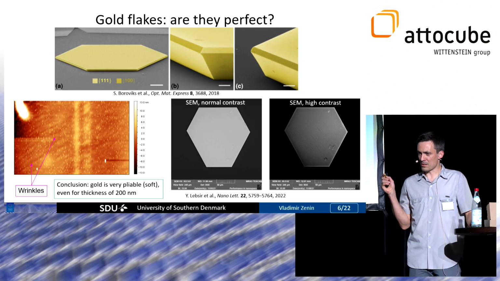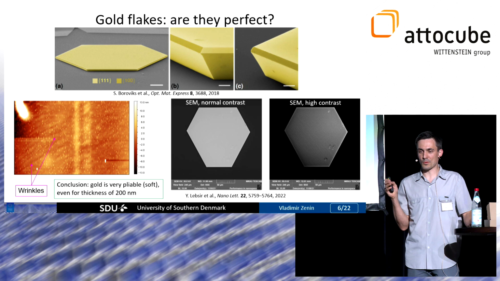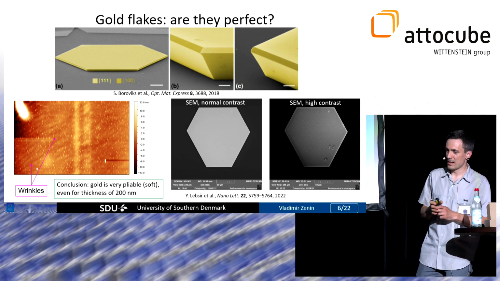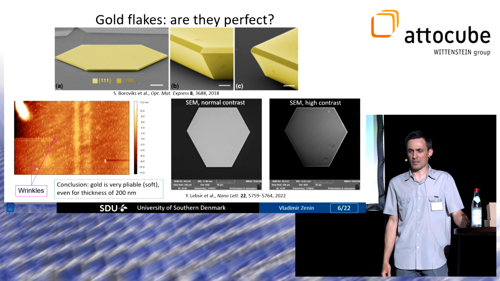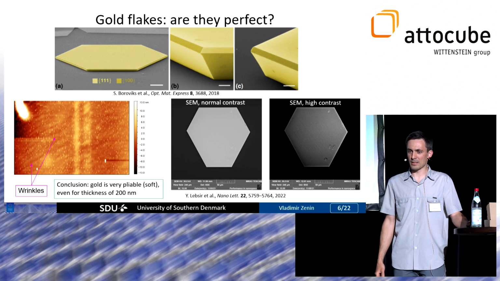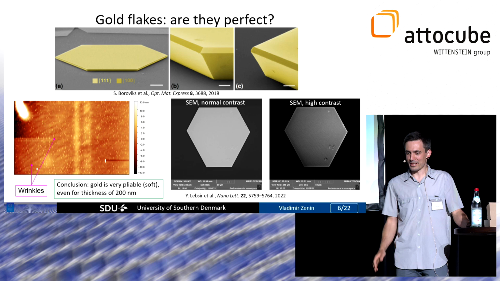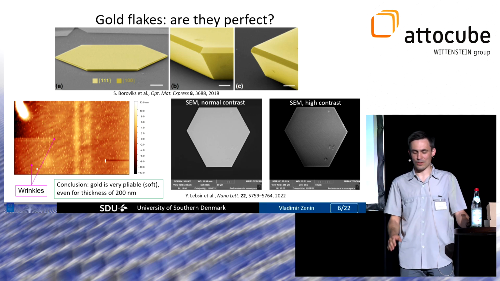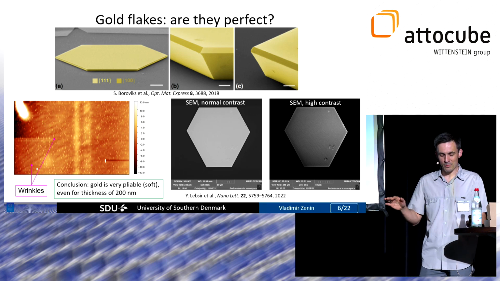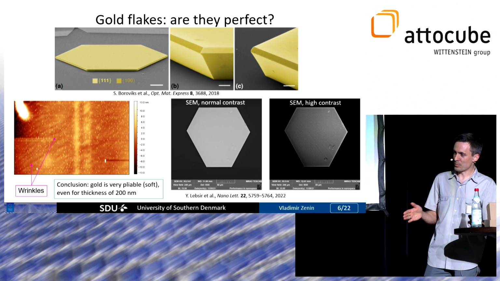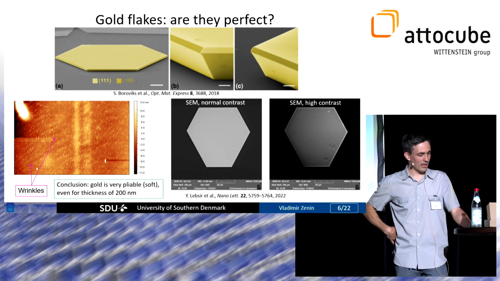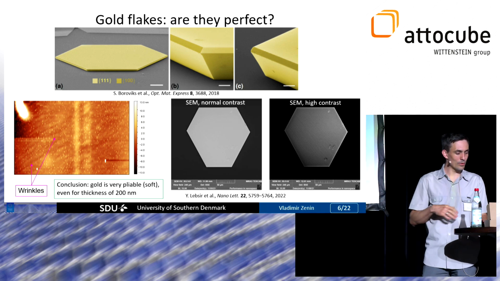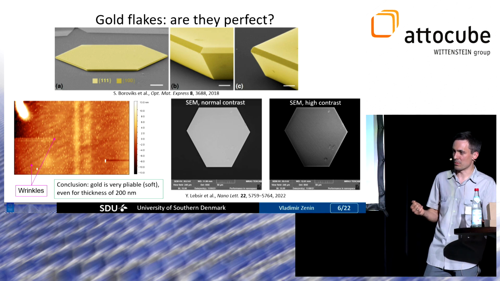And those are not wrinkles from the gold flake on its own, that's simply the roughness of the substrate. Here it was a polished glass substrate, and it's not atomically flat. It had some variation, and therefore when you put a gold flake on it, it follows the same topography. So our conclusion here was that gold is very pliable, it's very soft.